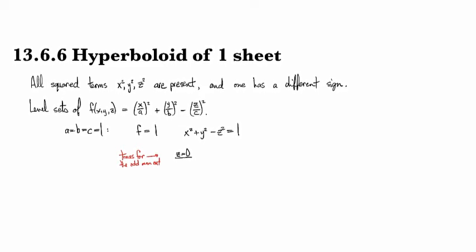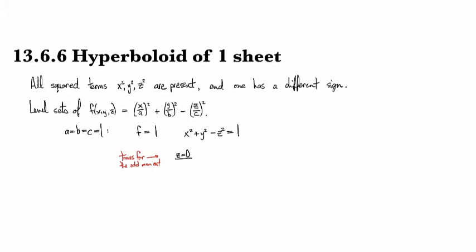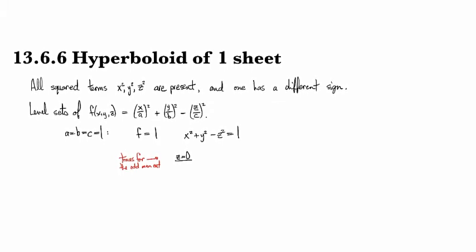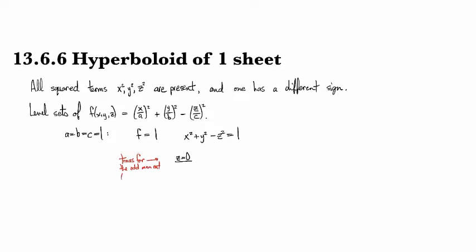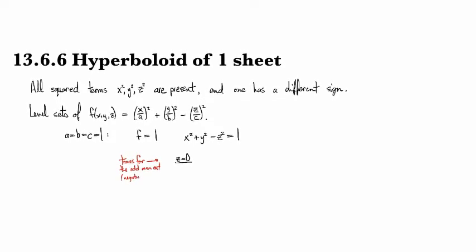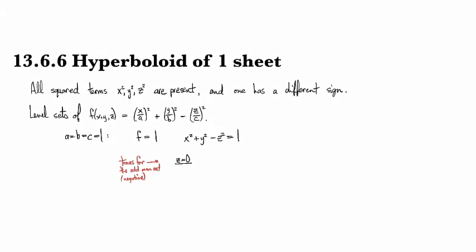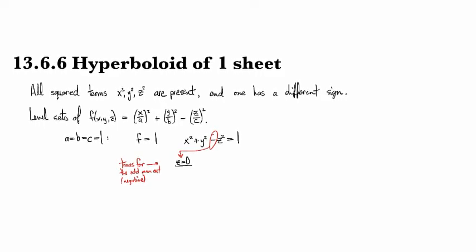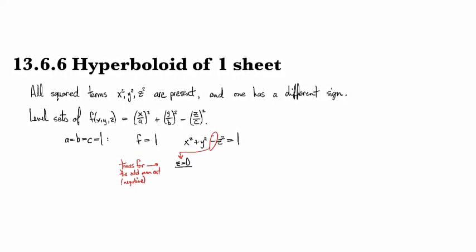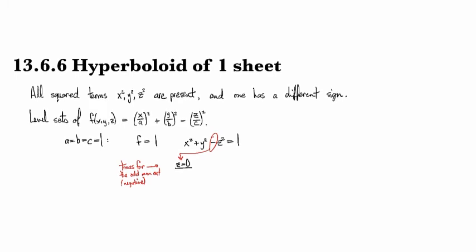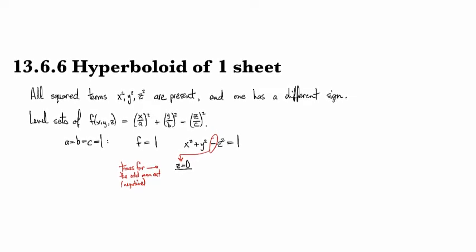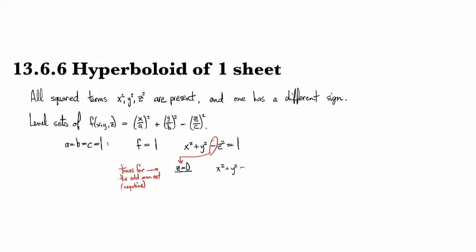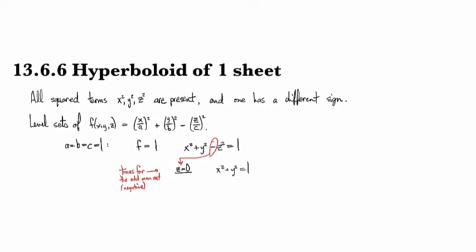Since you can always divide through by a minus sign to ensure that you have two positive terms and one negative term, what I mean is look for the negative one. That tells me I'll have a nice time plotting this if I plot that variable z at different values. So for z equals 0, x squared plus y squared equals 1. So that's going to be the unit circle.